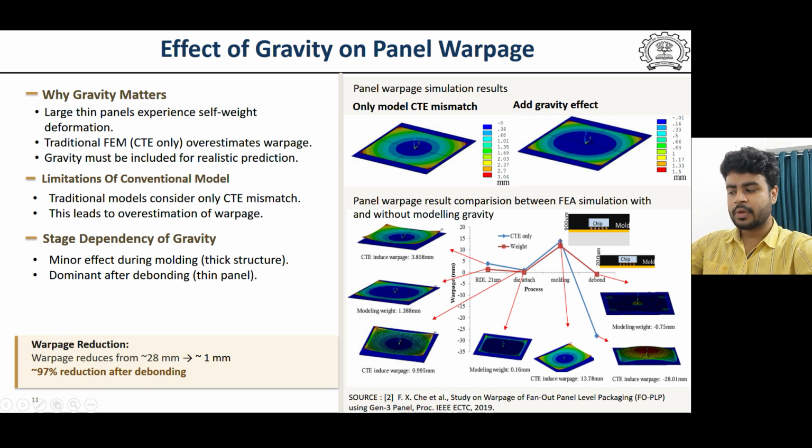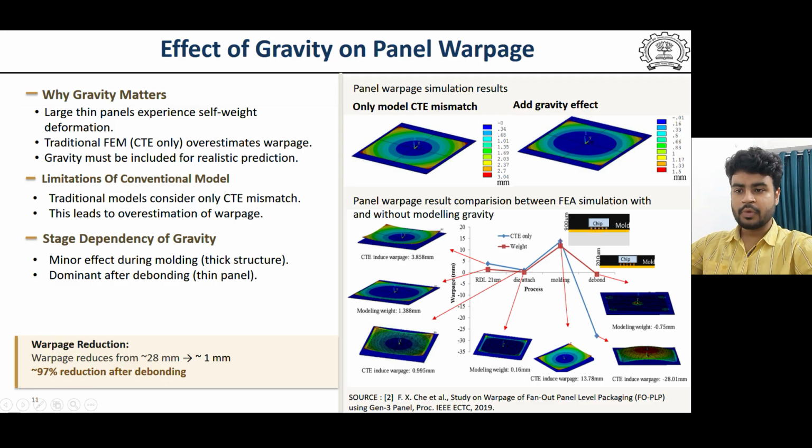This happens because when there is only the effect of thermal mismatch, the panel bends upwards, say convex, so there is a large warpage of 28 mm. But when gravity is included after debonding, there is a downward bending, say sagging. Due to this combined effect, they oppose each other and the net warpage reduces to 1 mm.